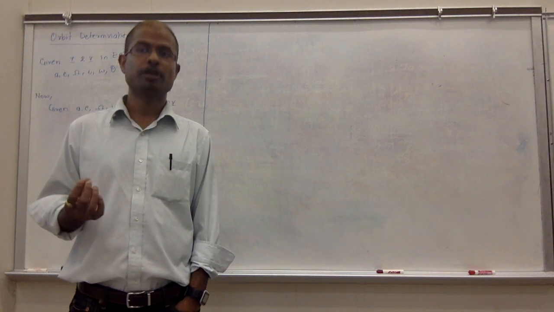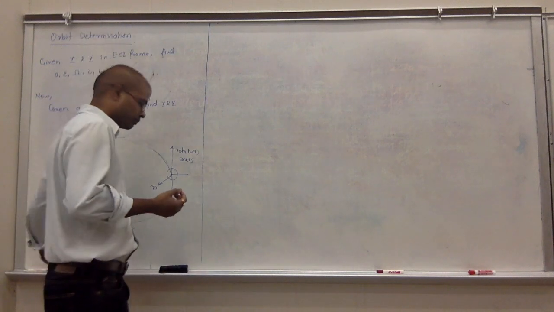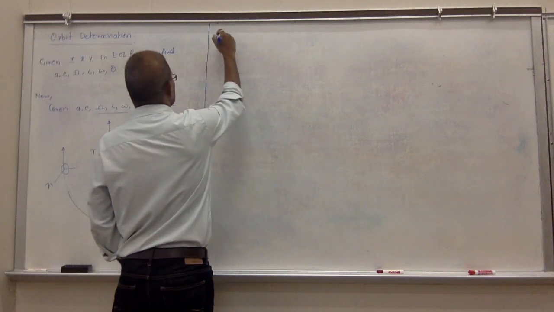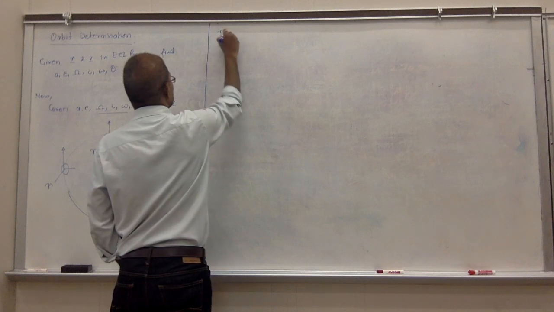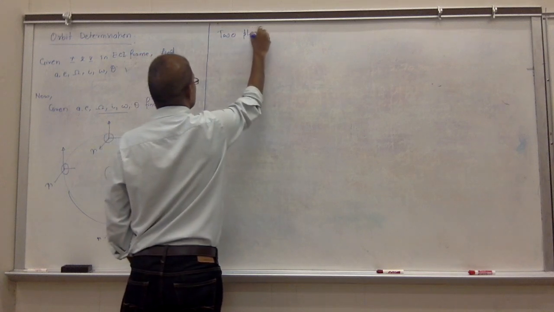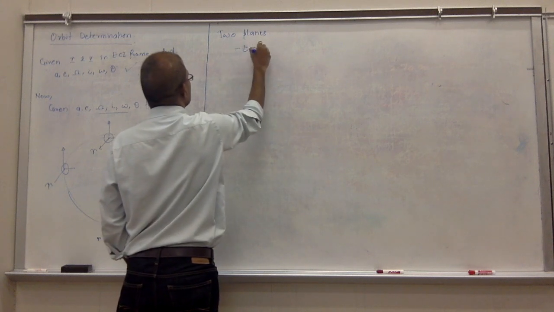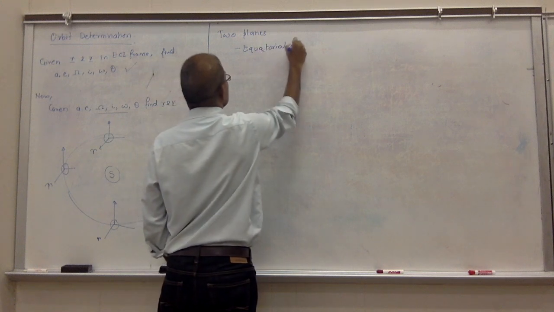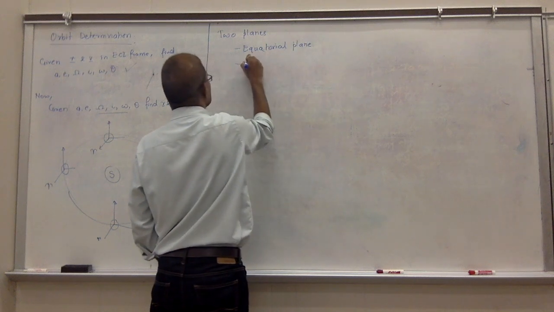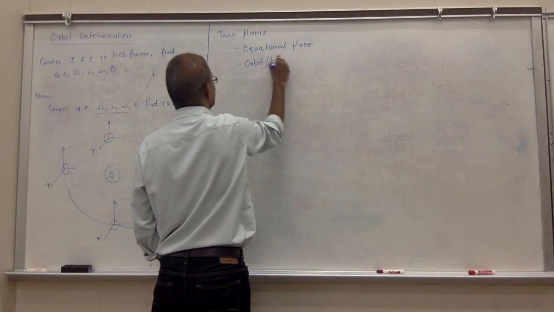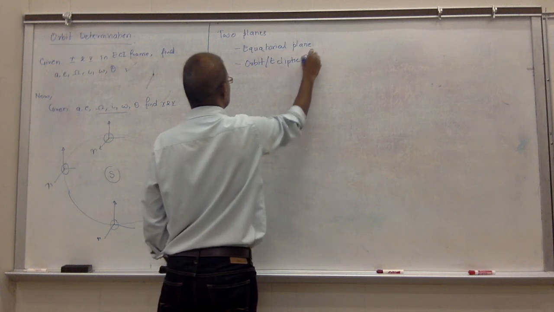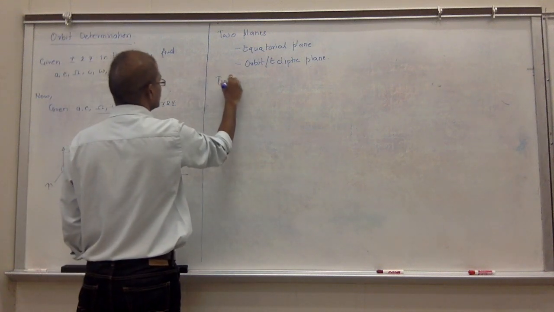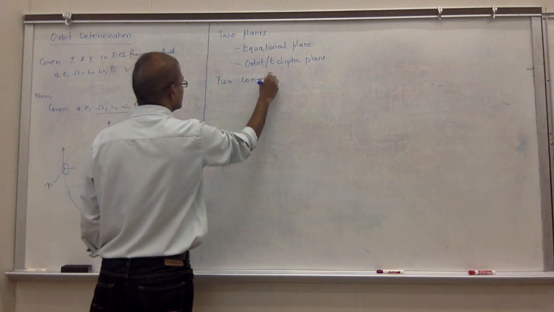You define two frames in two planes: the equatorial plane, and the orbit or ecliptic plane, and the corresponding two coordinate frames.